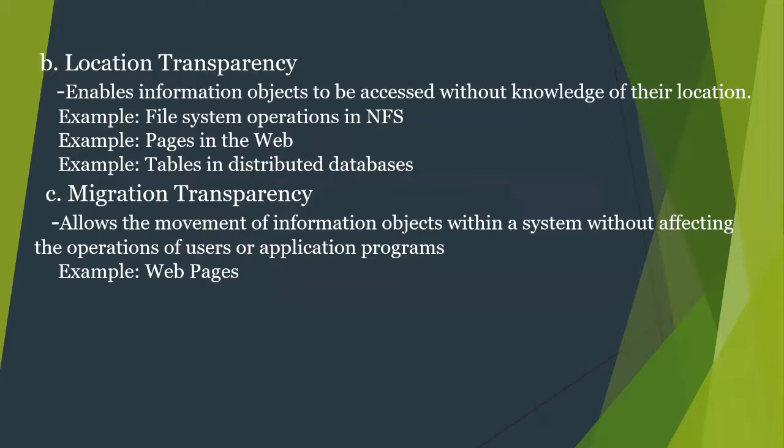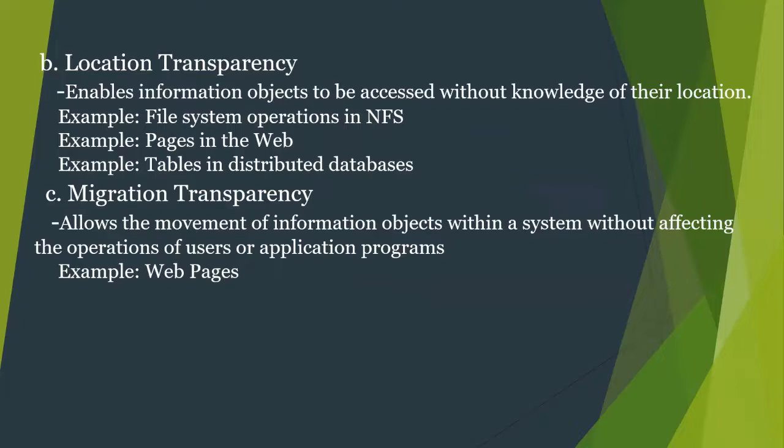Next, location transparency. It discusses the fact that the user cannot tell where the resource is physically located in the system, or you can say it enables information objects to be accessed without knowledge of their location.